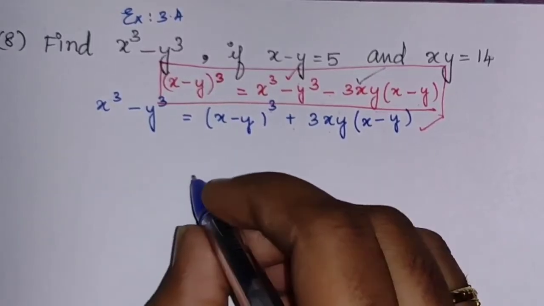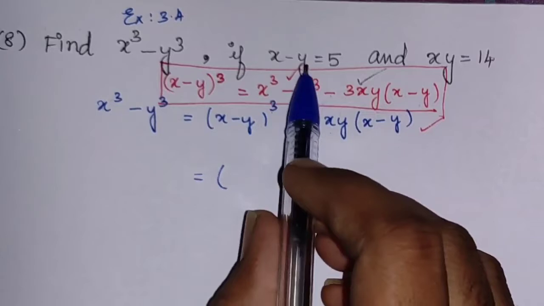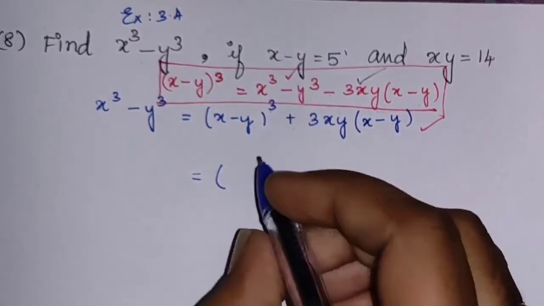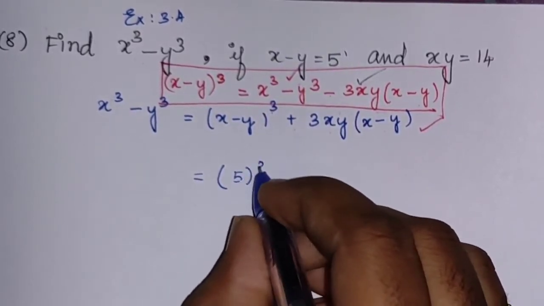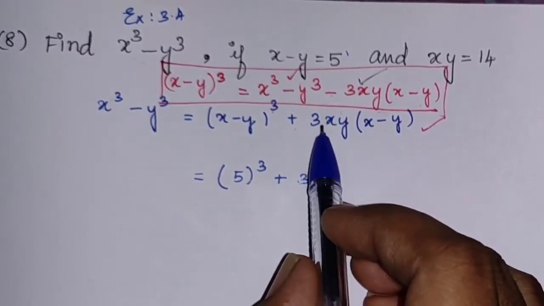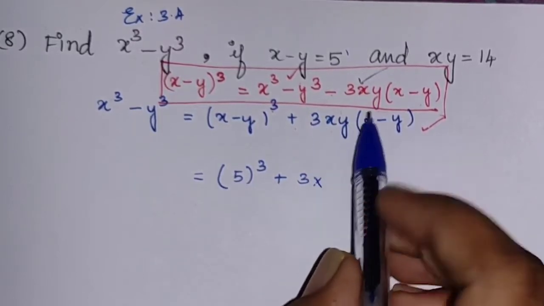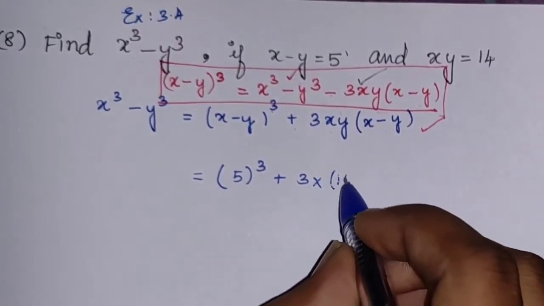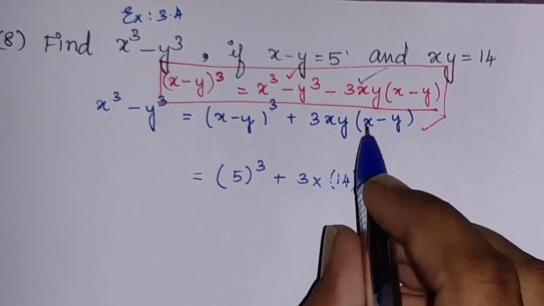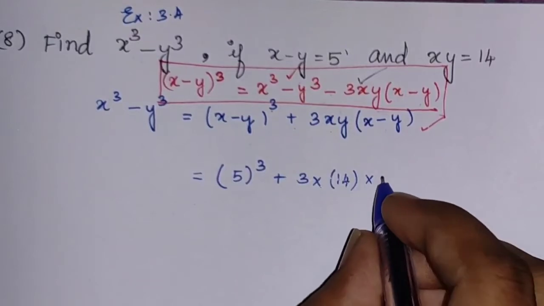So it is equal to x minus y the whole cube. x minus y is equal to 5. So 5 cube plus 3, there is no sign in between, it is multiplication. So 3 into xy value is 14, here also into x minus y is equal to 5.